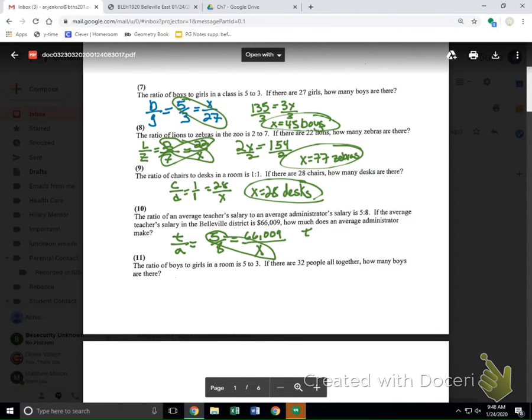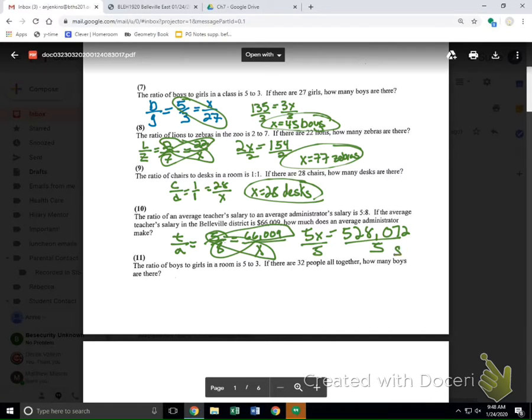5x equals $66,009 times 8, which is 528,072. You can just read each digit if you want. Okay, thank you. We're going to divide by 5. Whoa.